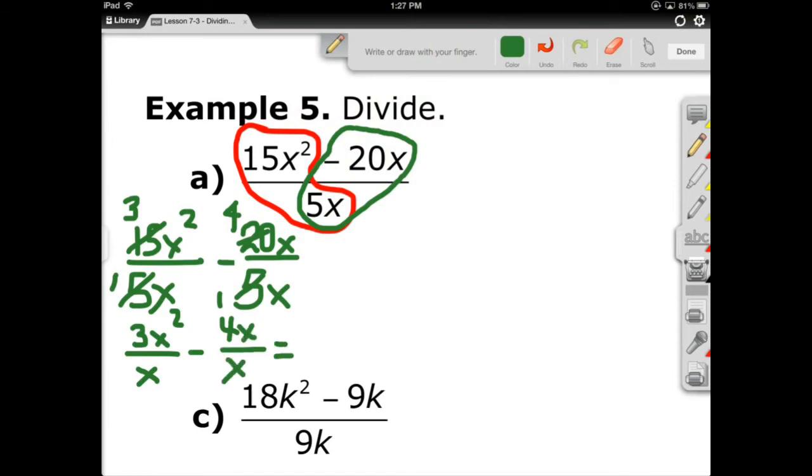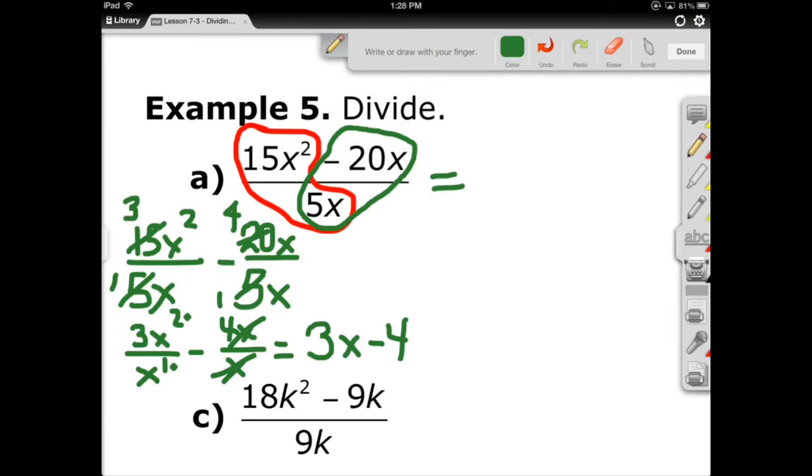Okay, now if you apply the exponent law, you're left with 3. Now, x squared, there's 2 on the top and there's 1x on the bottom. You'll be left with just a 3x minus 4. These x's will essentially cancel out and become 1. So there's your answer.